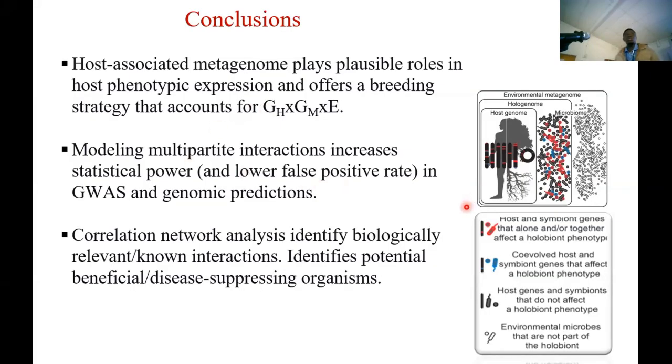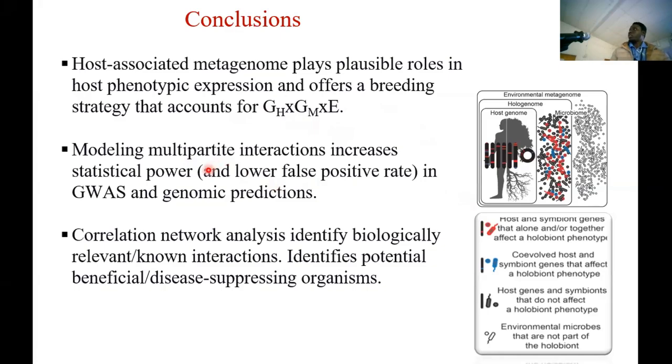For the conclusions of this talk, we believe that the host-associated metagenome plays a possible role in host phenotypic expression, and can offer a breeding strategy that accounts for the genomic host metagenome environment.